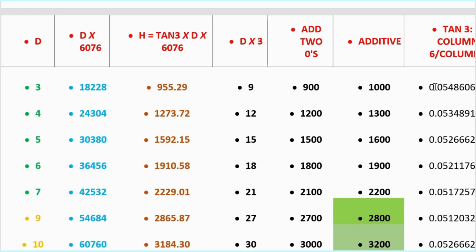The value of tan 3 is 0.05. And if you divide these additives here, which are also in feet, by these ones here, which are also in feet, you are going to get 0.05. So if you do 1300, for example, divided by 24304, you're going to get this, and so on and so forth. This tells you that all these are obeying the 3-degree profile.